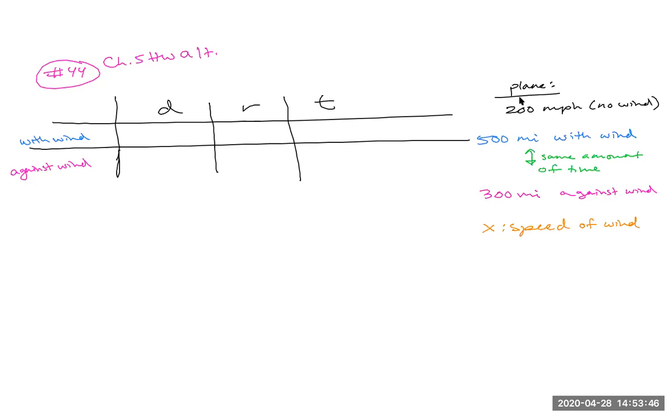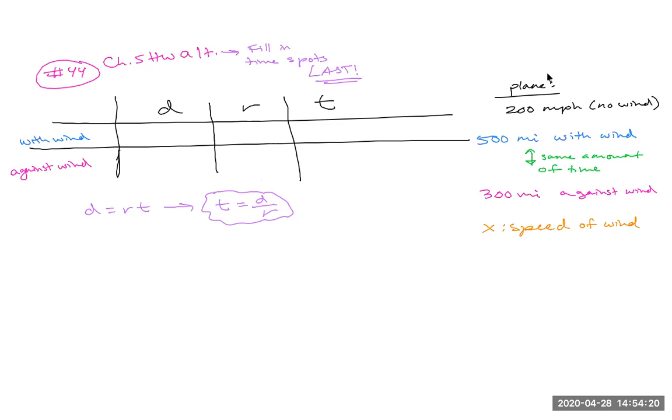For chapter 5, fill in time spots last. Remember in chapter 1, it was actually distance we filled out last. We got our rates, we got our times, and then we multiplied them. For this, essentially, distance equals rate times time, we're going to be using time equals distance over rate.